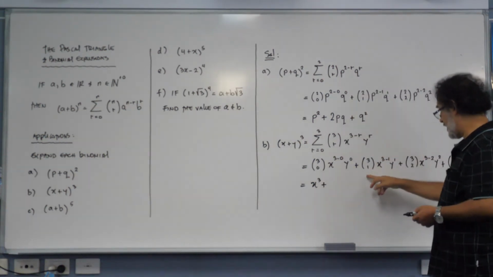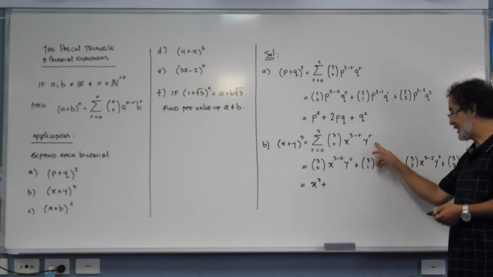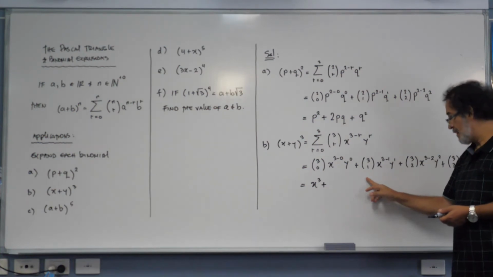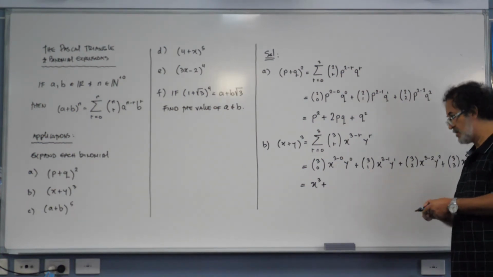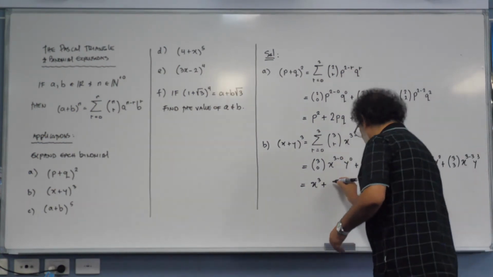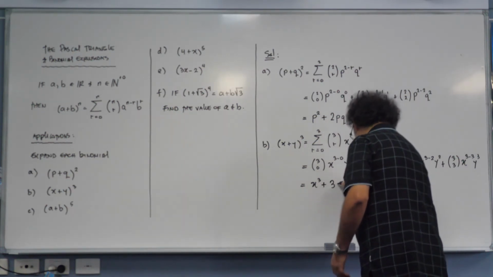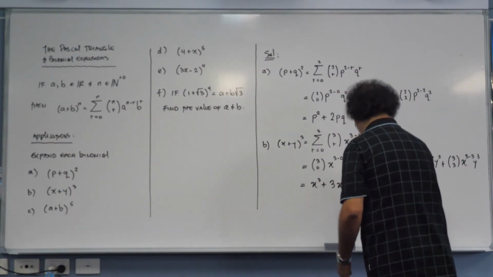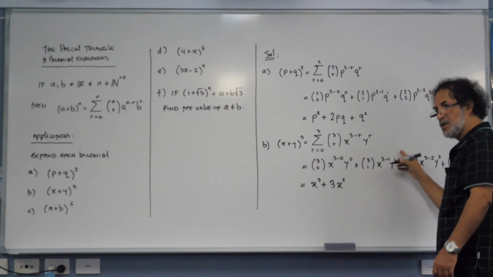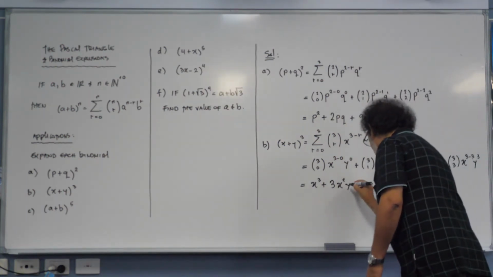Okay, the next one. For the next one, we're going to have 3C1, or 3K1, and that will give you 3. So that's going to be 3, and then you're going to have x squared, and then the first y will appear. So we're going to have y there.